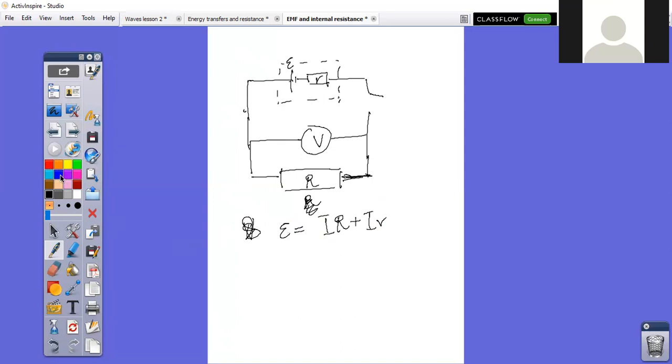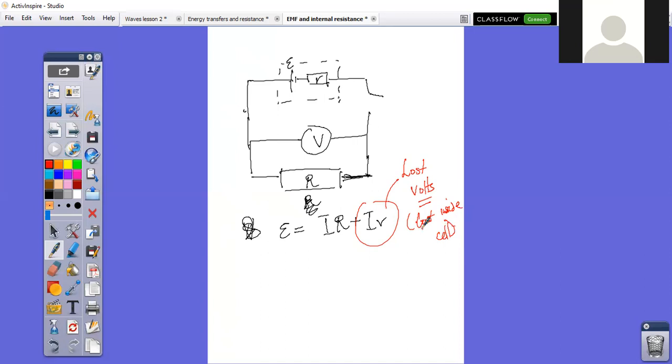This term Ir we refer to as the lost volts because it's lost inside the cell and it's not accessible to the outside. So lost inside cell. Are you following so far?